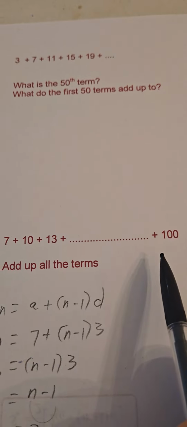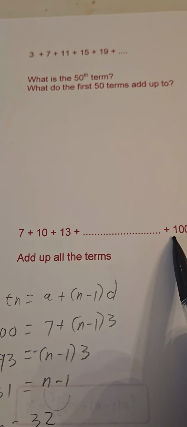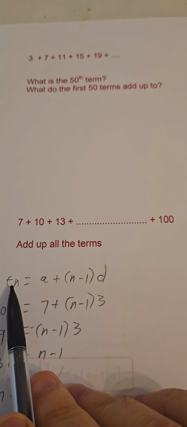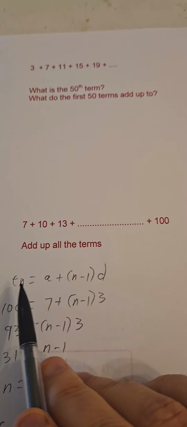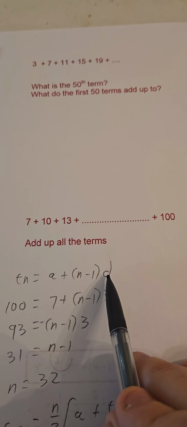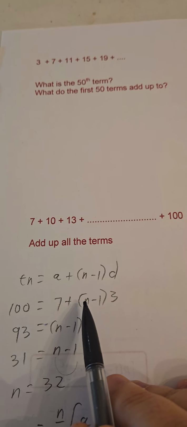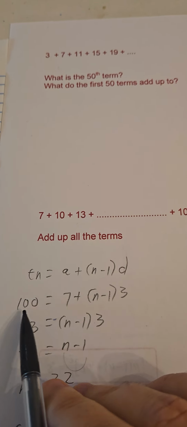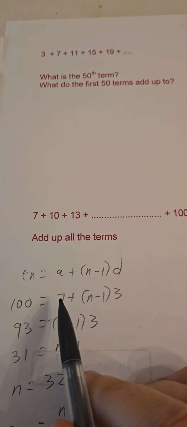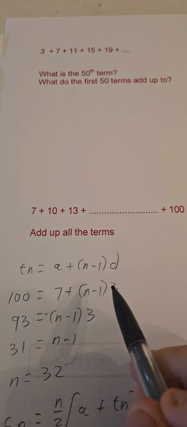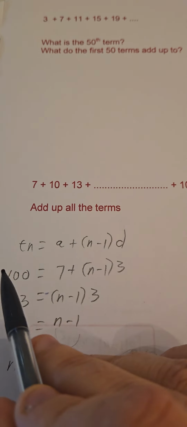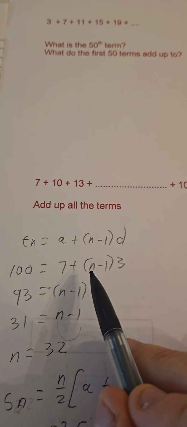I think to solve it, first of all, I want to find out how many terms. We have this formula that the nth term is a plus n minus 1d. We don't know what n is, but that last term is 100. a is 7, d is 3. We can use this now to work out what n is.